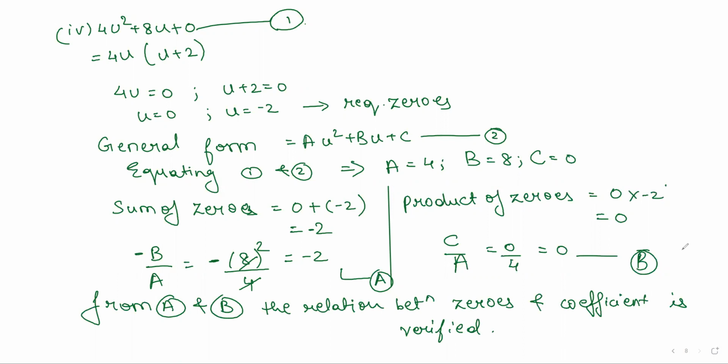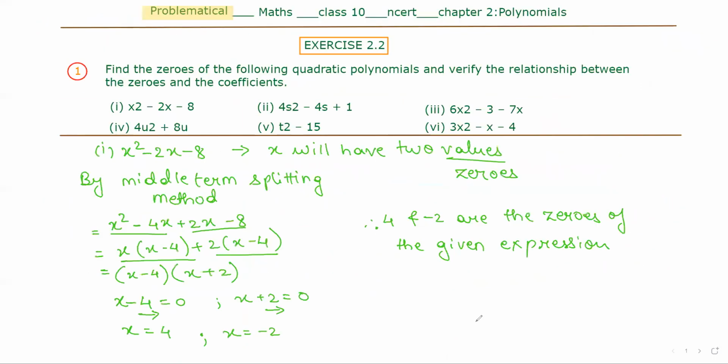Next, fifth value is t square minus 15. So, t square minus 15.